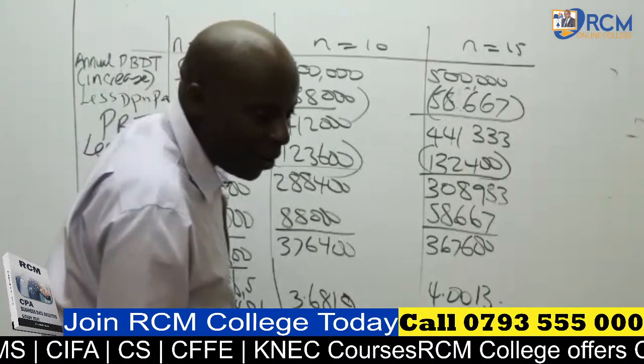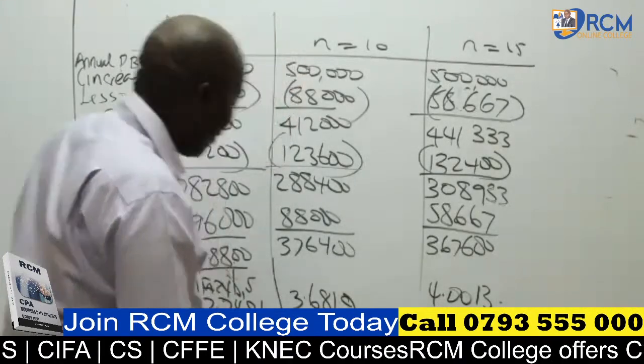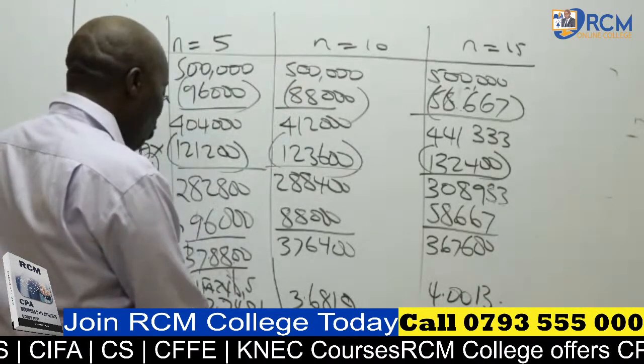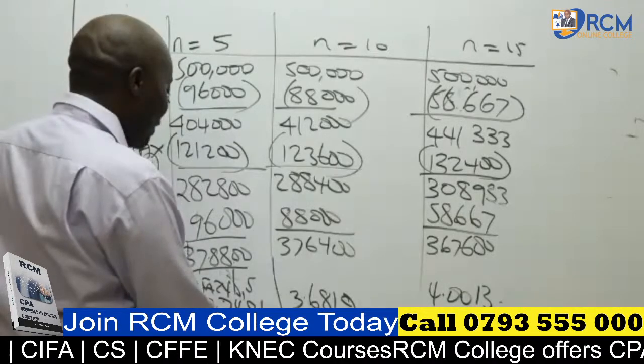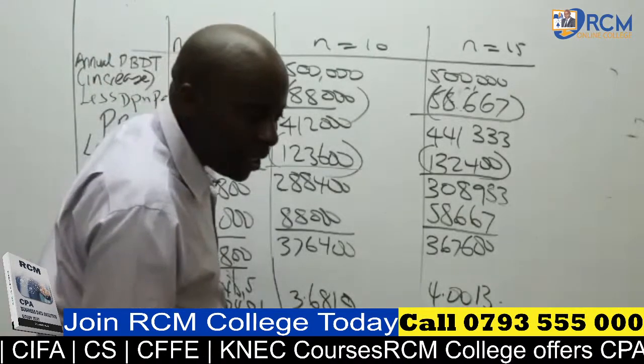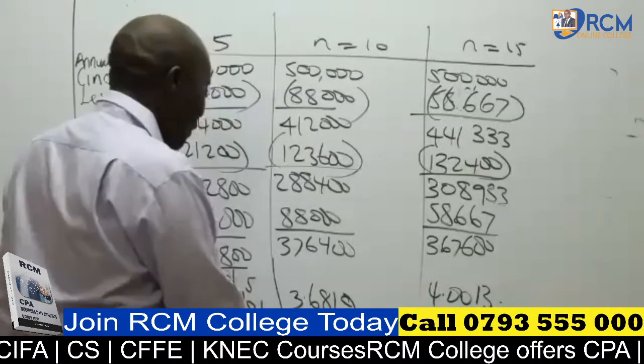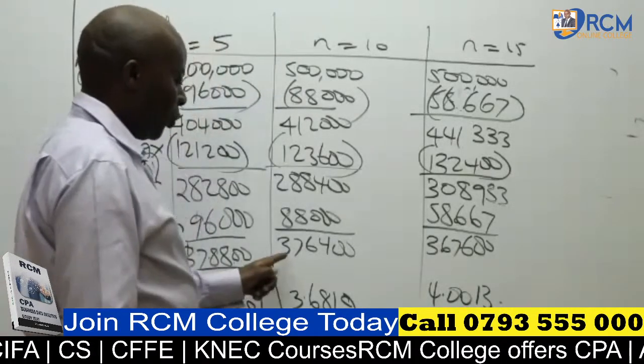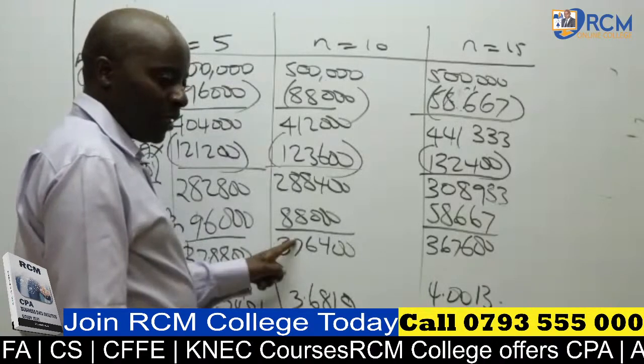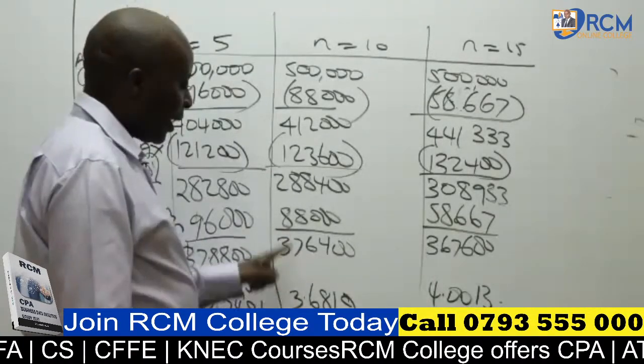I can see 103,957. Let me even put whole numbers: 103,958. How about the second one? This times this. Please give me a whole number.